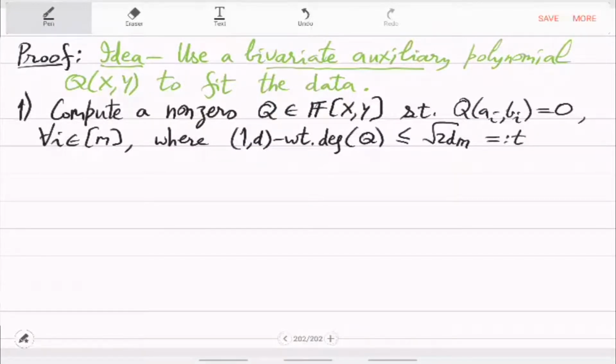Let's call it t. What is weighted degree? So this is the max of i plus dj for all monomials x^i y^j in Q.